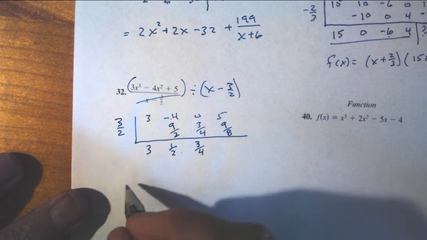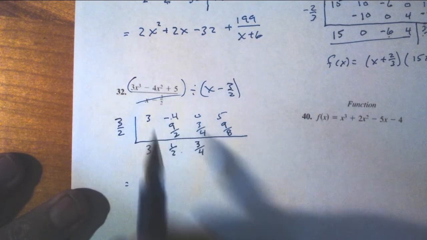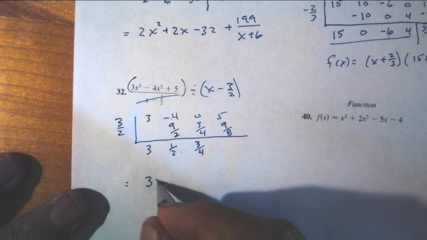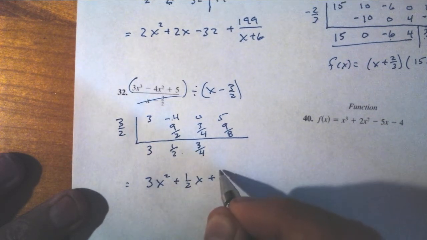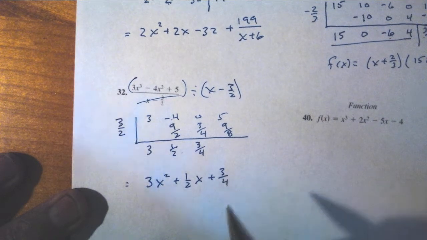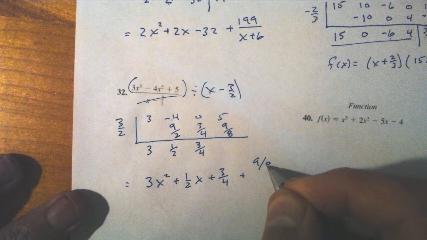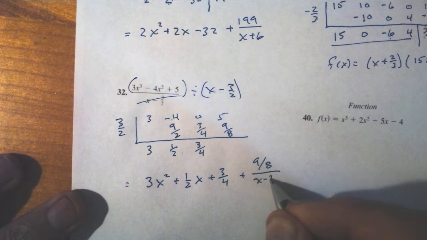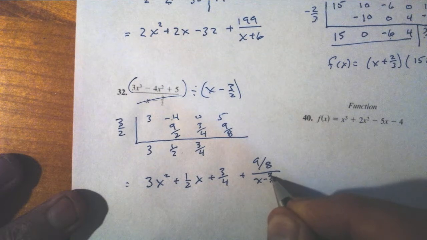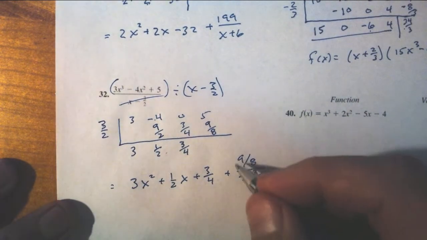So my solution is, when I divide that, I get 3x squared plus 1/2 x plus 3/4, plus 9/8 on, what am I really dividing by? X minus 3/2. And I'm just going to clean up that compound fraction a little bit.